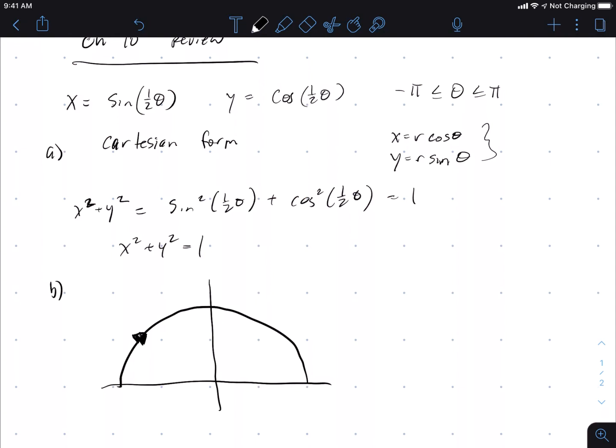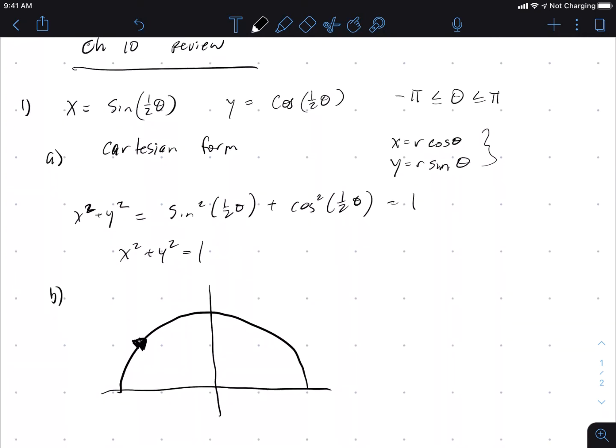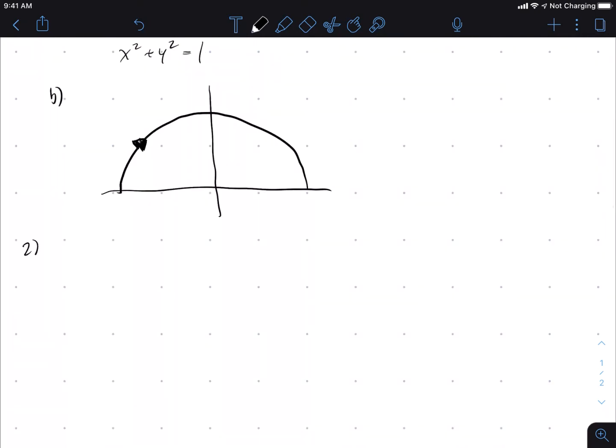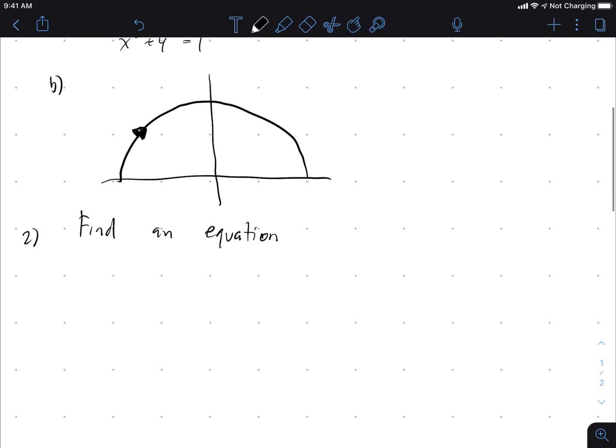Okay, so the next problem says they want to find, so this was problem number 1. Here's problem number 2. They want us to find an equation of the tangent. So if they want us to find the equation of the tangent to the curve, what are we doing?